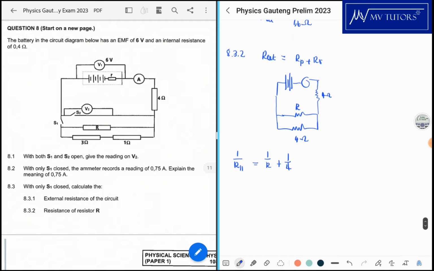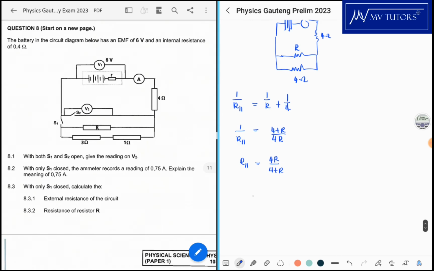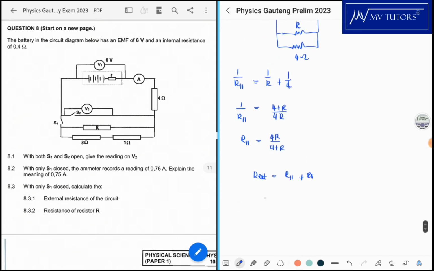So I will have 4R over 4 plus R. So basically R parallel is 4R over 4 plus R. So the external resistance is equal to the parallel plus the series. The external resistance we calculated was 7,6. The parallel resistance is 4R over 4 plus R.